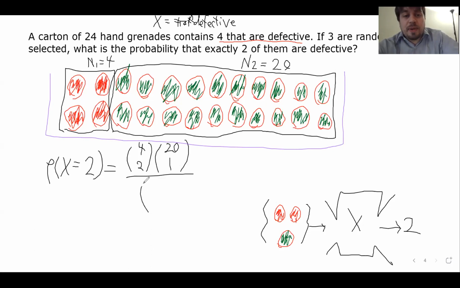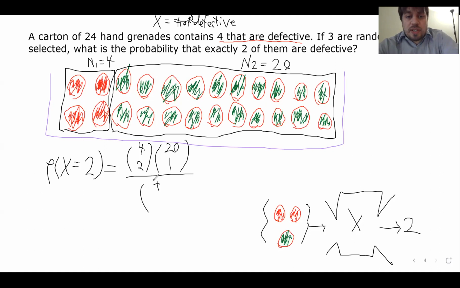And then you divide that by, well, we're really finding the probability that X spits out 2. We're only considering cases where you choose 3 from the box. So it's a total of 24 things in the box. That's 4 plus 20.